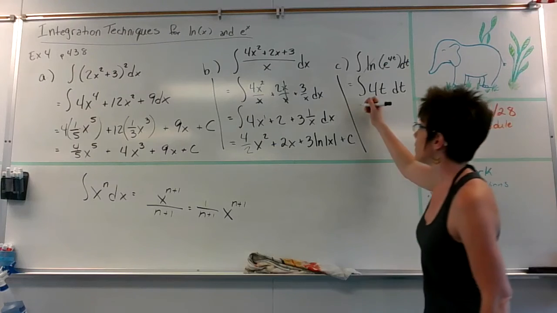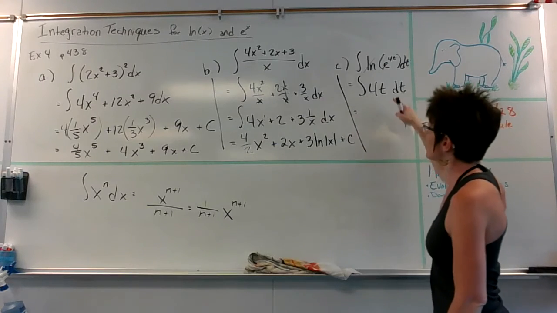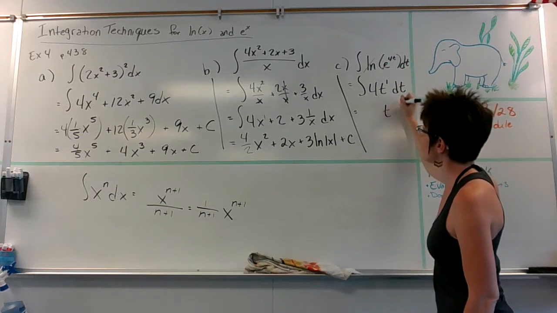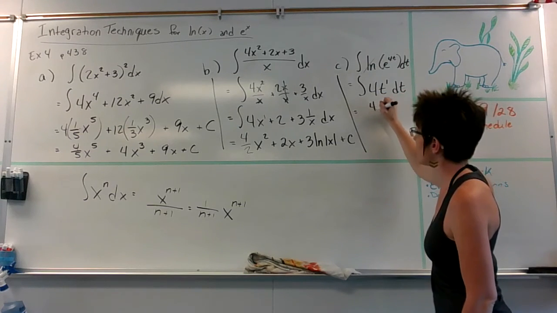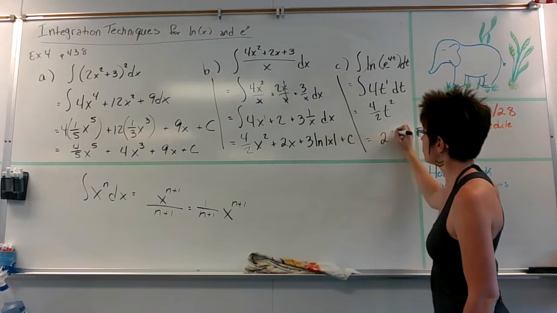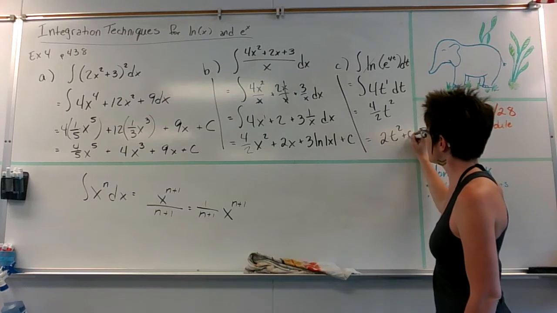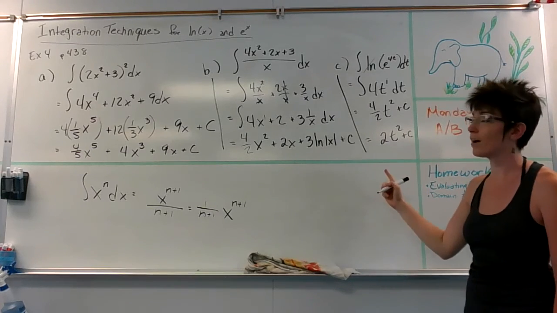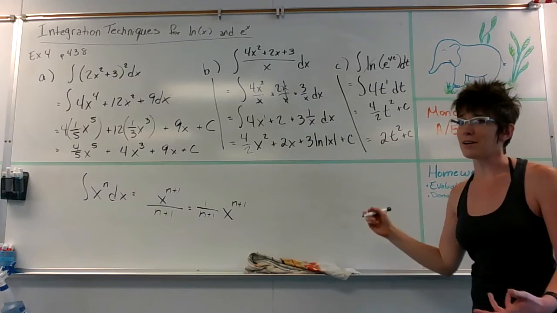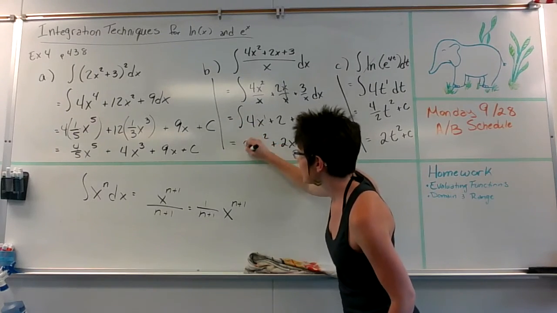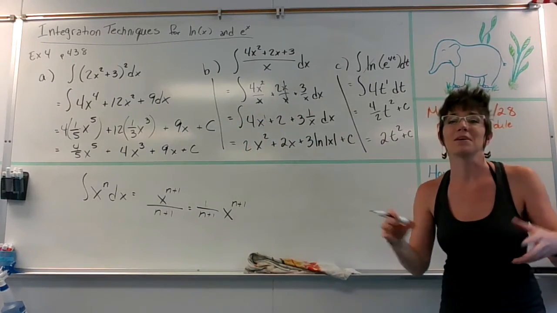Okay, based on our power rule backwards, I have to take the exponent, which currently is 1, increase by 1, divide by the new. 4 divided by 2 is just 2t squared plus c would technically be that antiderivative there, and then we're really done. And sorry, I just realized that this really should have gotten simplified down to just a 2. I'm sure that was bothering you really bad.